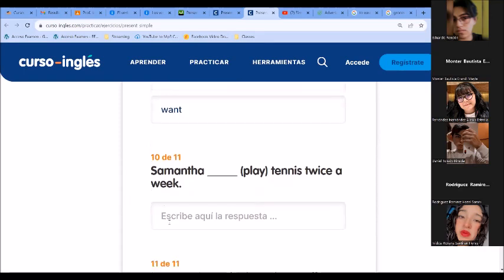Samantha play tennis twice a week. Don't forget that he, she, and it are the S ending ones in present simple. Samantha plays tennis twice a week. Repeat. One more time. Samantha plays tennis twice a week. Good.